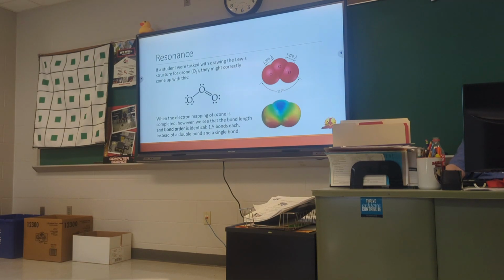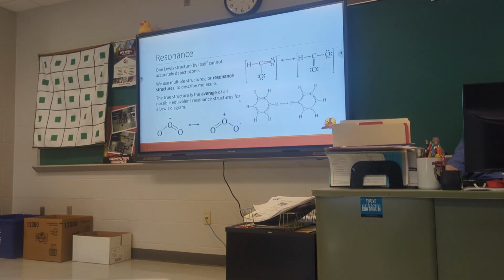Resonance. Resonance determines these angles. Use multiple structures or resonance structures to describe the molecule. What that means is that there are different ways you could put the molecule together. And those different ways are called resonant structures.